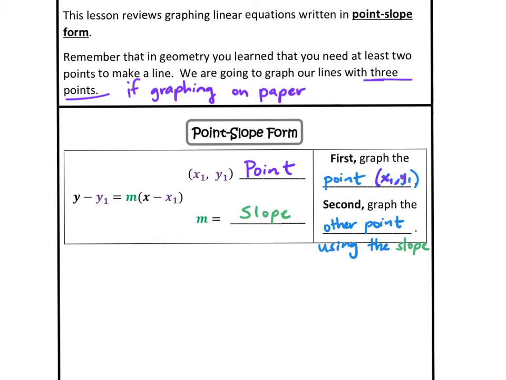I'll put this in purple up here, the point. First we're going to graph the point x1, y1, which is given to us in the equation. Then we're going to graph the other point using the slope. So we need 2 points. We're going to get 1 point from the initial point that was given in the equation, and then we're going to get the second point by following the directions of the slope.